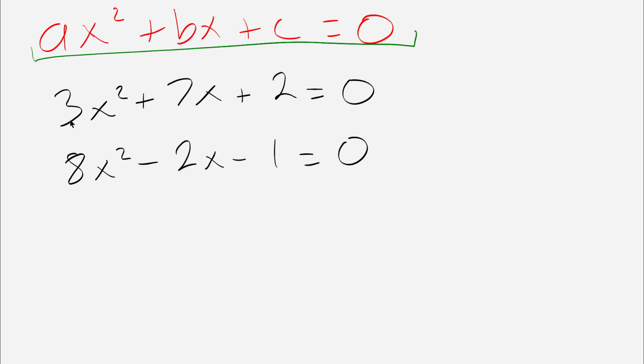So the first equation I did, 3x squared plus 7x plus 2 equals 0, our a was 3, our b was 7, and our c was 2. And the second one, our a was 8, our b was minus 2, and our c was minus 1. So your typical quadratic trinomial, we call it a trinomial because it has three numbers, the a, the b, and the c. The number in front of the x squared, the number in front of the x, and then the number remaining at the end.